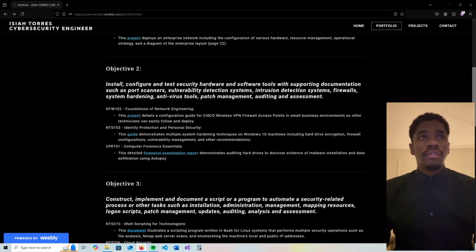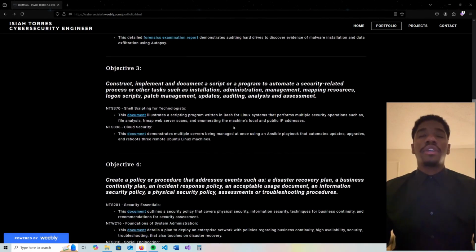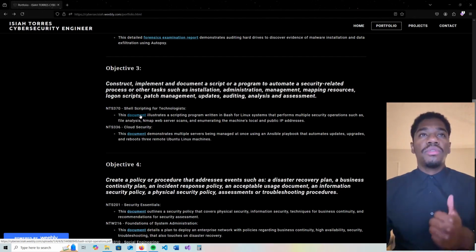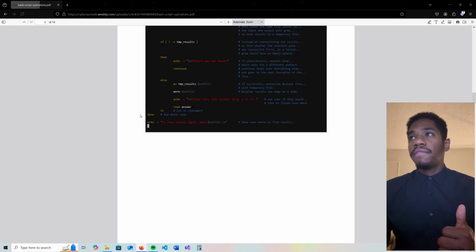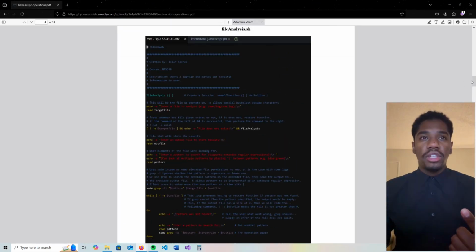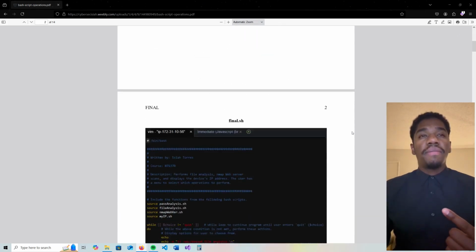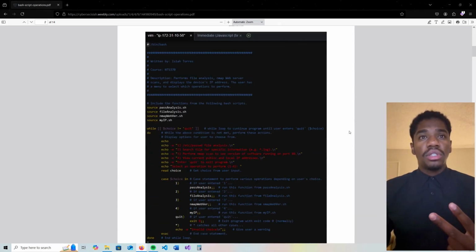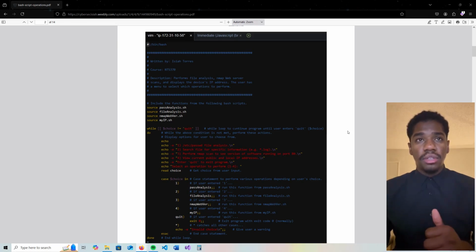Let's see, next objective: construct, implement, and document a script or a program to automate security related processes, such as, etc., etc., etc. This document illustrates my scripting program written for Linux in Bash that automates tasks such as password file analysis, such as logs or any other file that needs to be checked, an Nmap scan on web servers to display what products are on port 80, and a script that identifies the machine's local and public IP address.